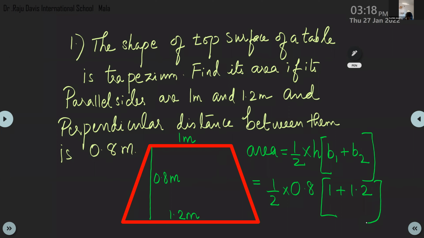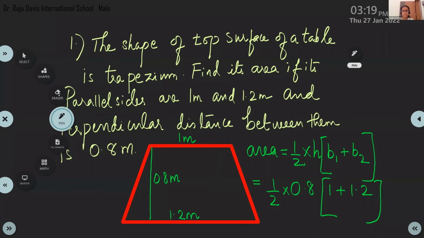No. 2.0 you won't get. That is not the answer. Anybody else got the answer? Ma'am, 0.88. 0.88 meter square. That is the answer. I'll show you how.